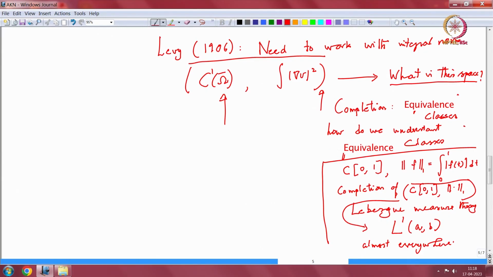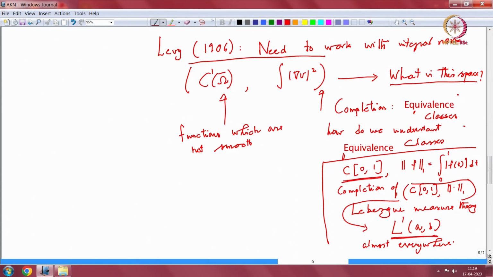The problem is that even after identifying the functions, and the identification itself involves a new theory, you end up with functions which are not smooth. Just like here, you start with continuous functions, but the completion consists of functions which need not be smooth, though they are integrable.